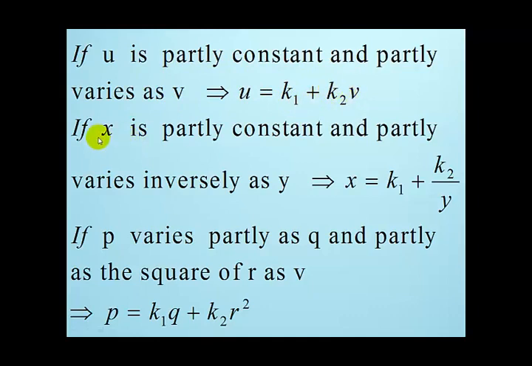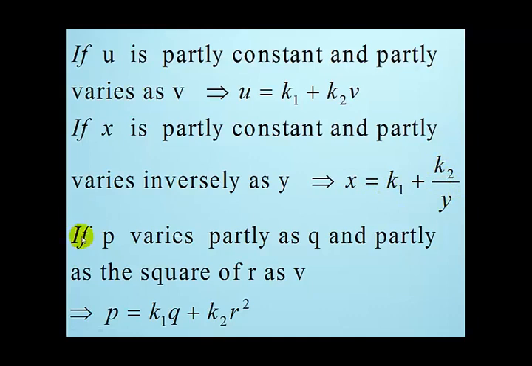Also, if x is partly constant, that means that x is equal to K1, the first constant of proportionality, and partly varies inversely, so it is plus K2 over y. So x will be equal to K1 plus K2 over y.